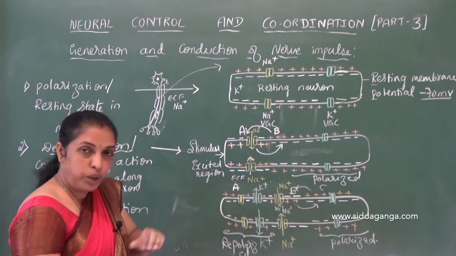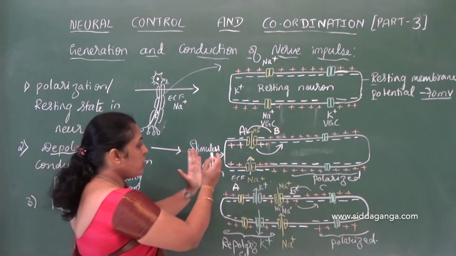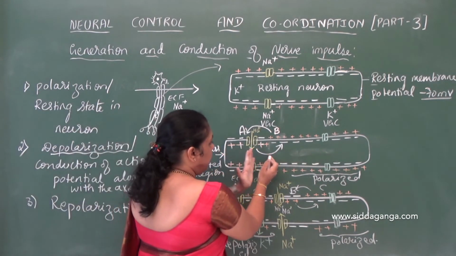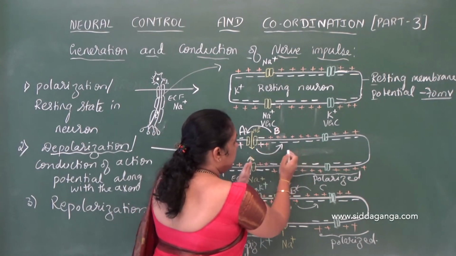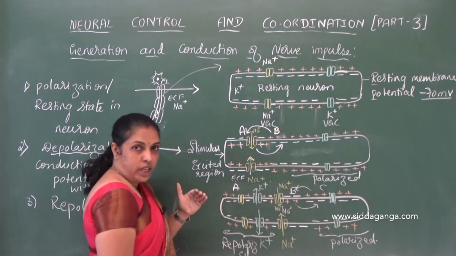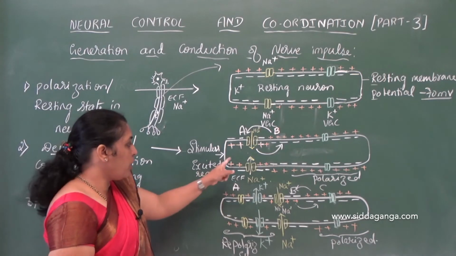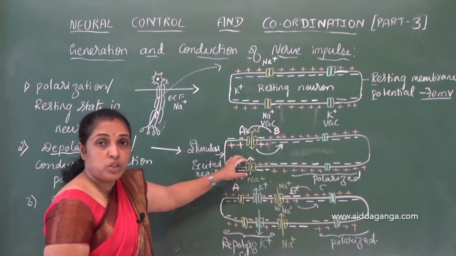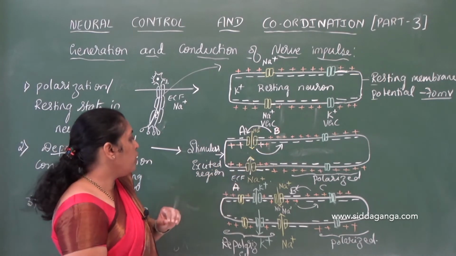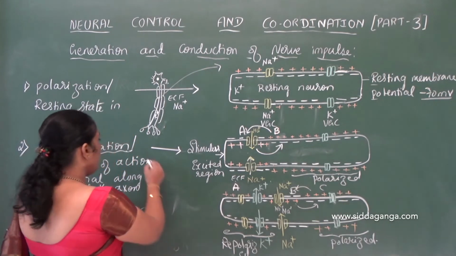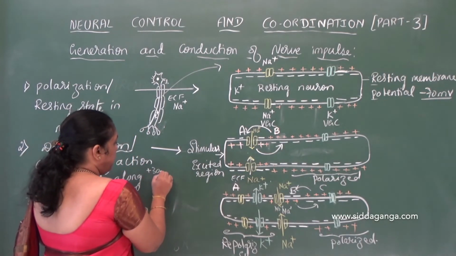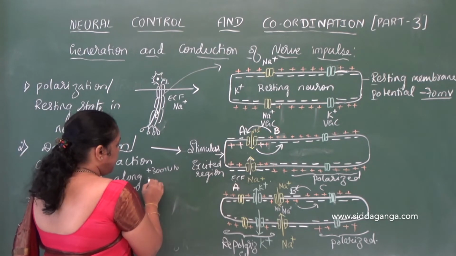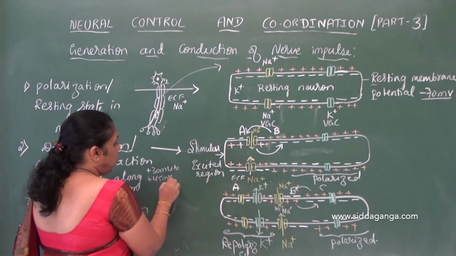Adjacent to that, the nerve fiber will again be in a polarized state. The potential difference across this depolarized membrane is called action potential, that will be plus 30 millivolts to plus 45 millivolts.